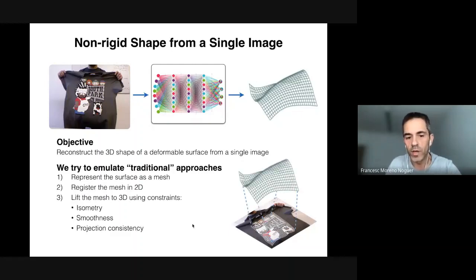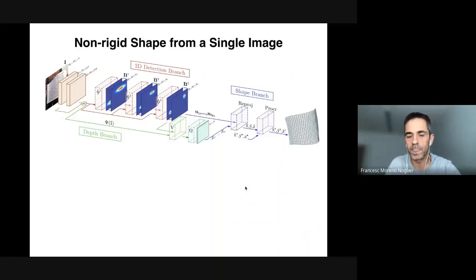And third, we lift each one of the vertices of this mesh to 3D using different constraints, like isometry, smoothness, and projection consistency. So we tried to emulate these 3 steps in a network. This is the network that we designed, and it has 3 branches, and every branch does one of the jobs that I just mentioned.